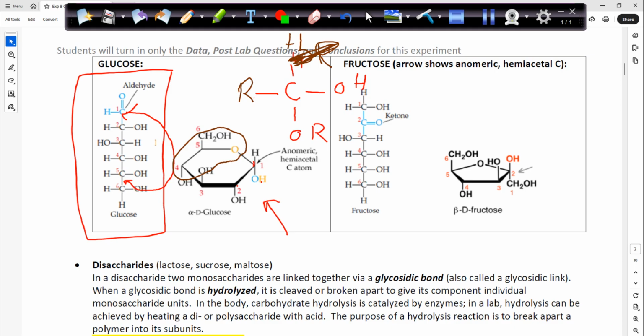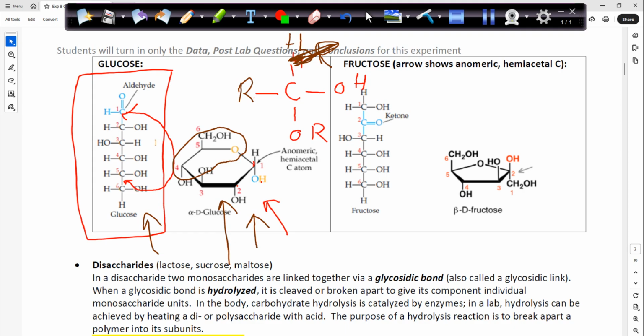So that's a semi-acetal, or hemiacetal, half of a complete acetal. This is glucose in the line structure here, and here is the ring structure, correct? The ring is the most stable form of glucose. For most carbohydrates, the cyclic structure is the most stable one compared to the straight line structure.